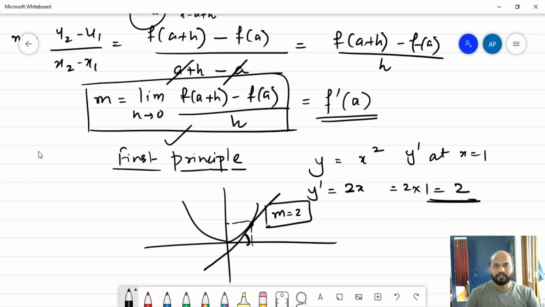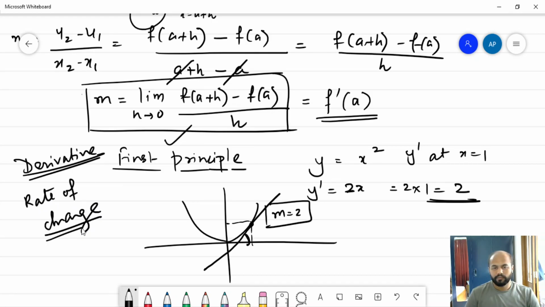So in simple words, we can say that derivative is nothing but rate of change. We'll see more applications of this in class 12. For now, we have to understand that derivative is the rate of change of y with respect to x.